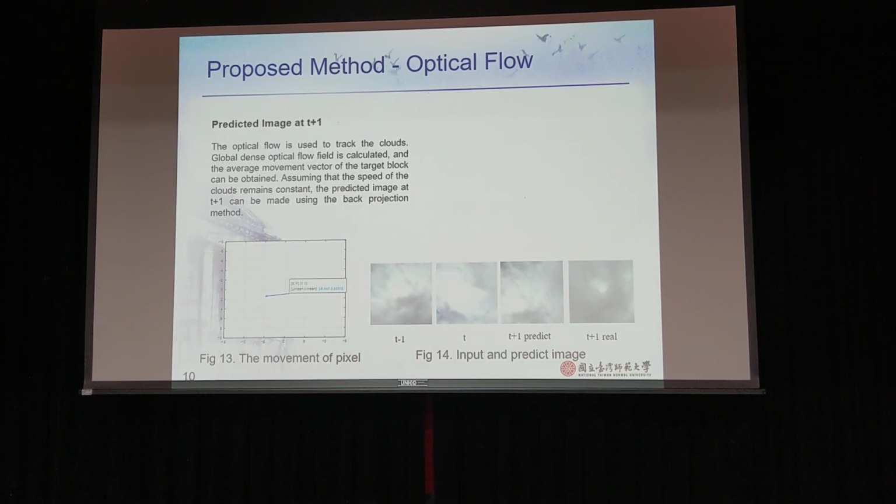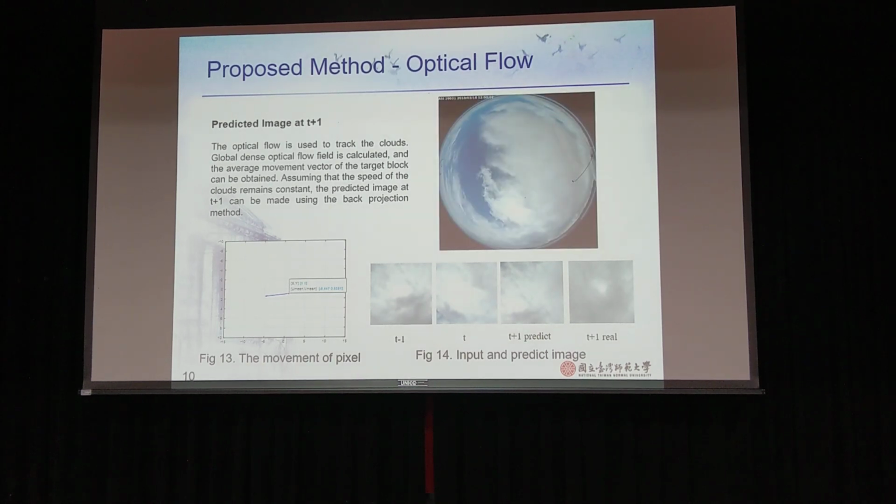And here is an example we will use to demonstrate the application of LK optical flow method. The first input is the sky image at moment t minus 1, and then the next input is the sky image at time t.